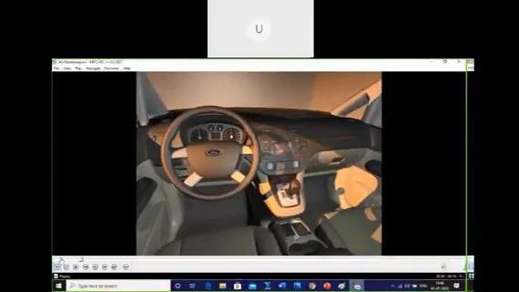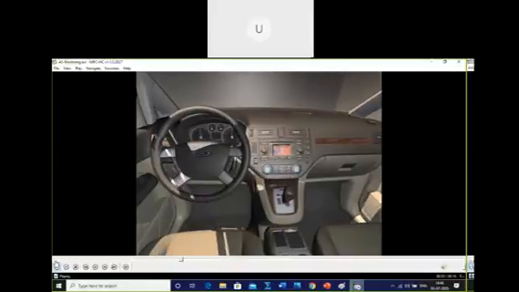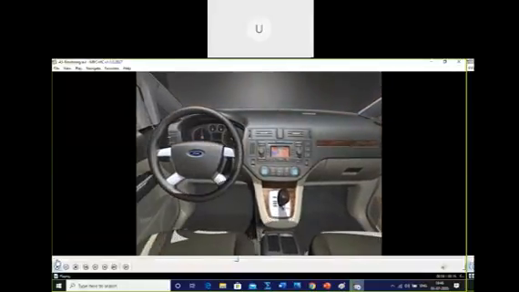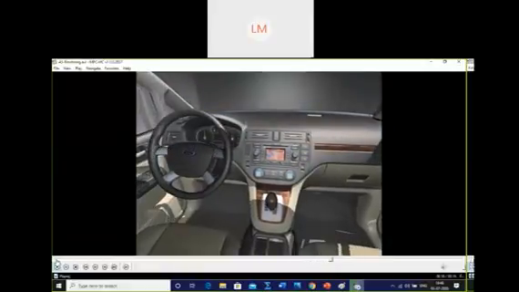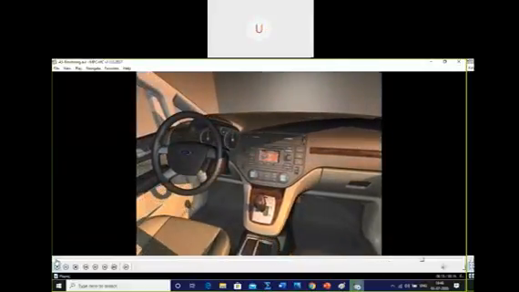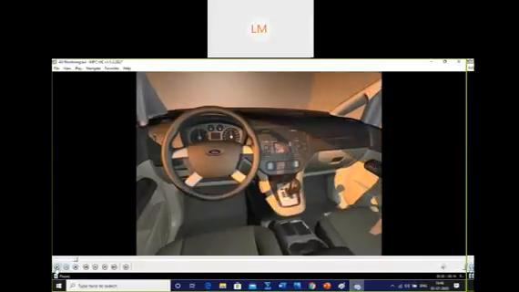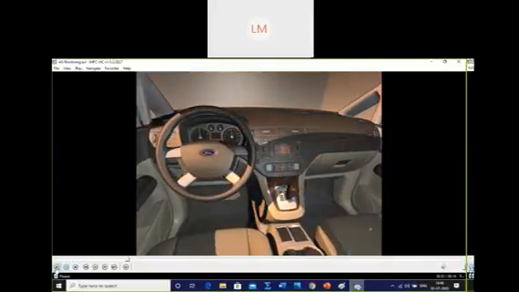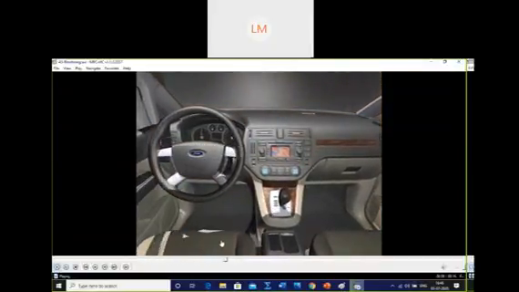Can you see this one? Yes, sir. Can you see the video? No, sir. Is the video part visible? Few of you can see this one, no? Visible.